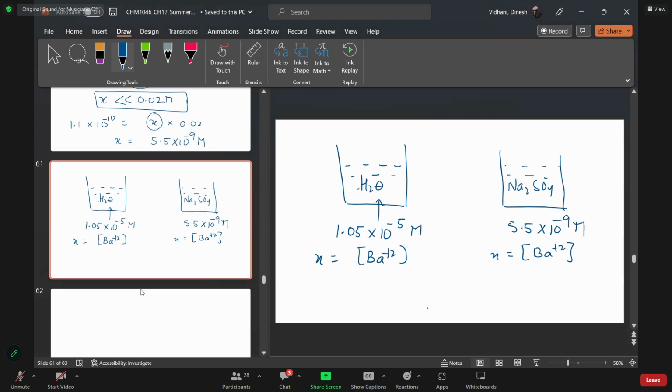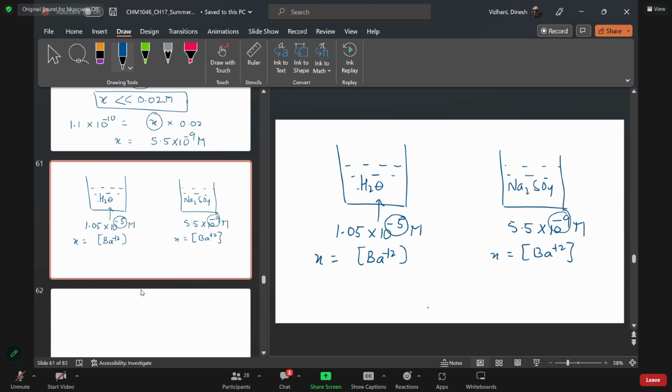So in water, look at the solubility. It is 10 to the power -5. And in sodium sulfate, it drops down to 10 to the power -9. It's roughly 10,000 times less soluble. In fact, more than that. It's roughly 10,000 times less soluble in sodium sulfate compared to pure water.